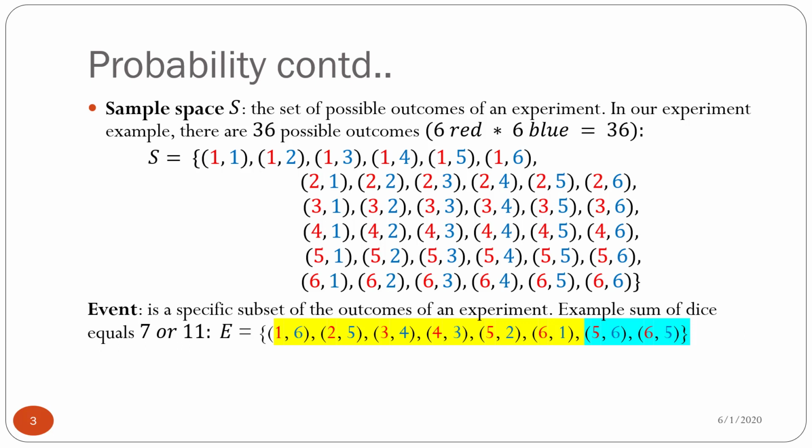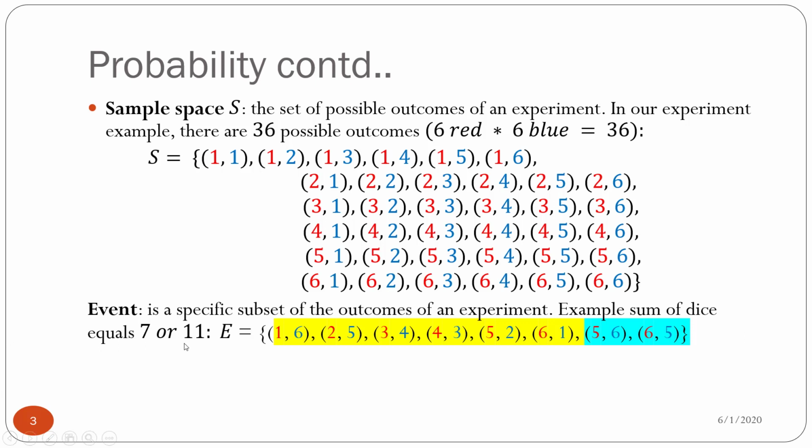So what's the event which is of our interest? We are saying that the event is such that when you toss those 2 dice, then the sum of the numbers that show up on the result of this experiment is either equal to 7 or is 11.